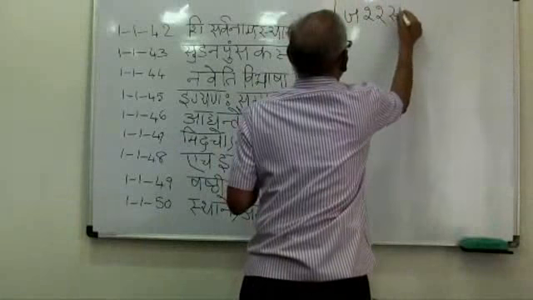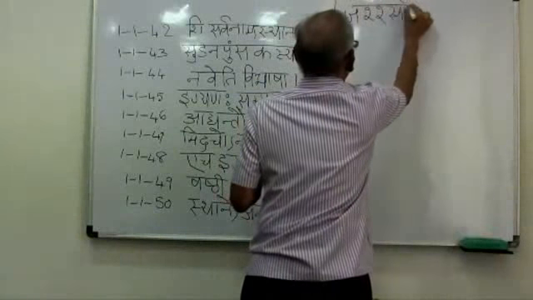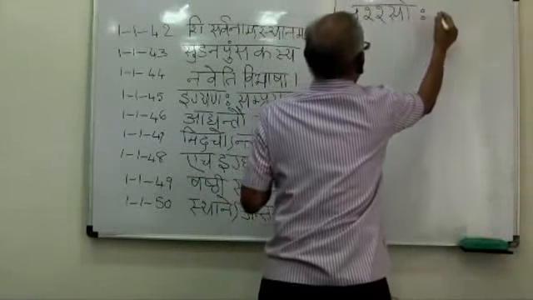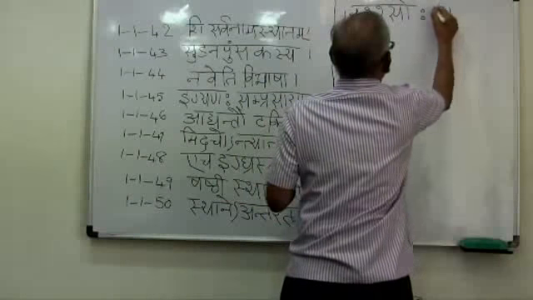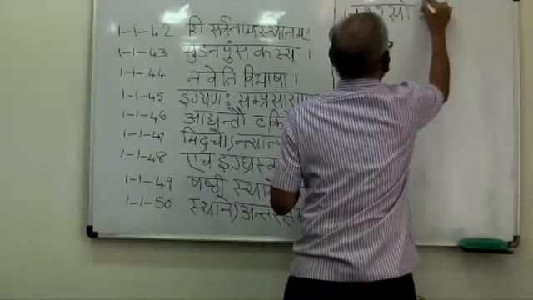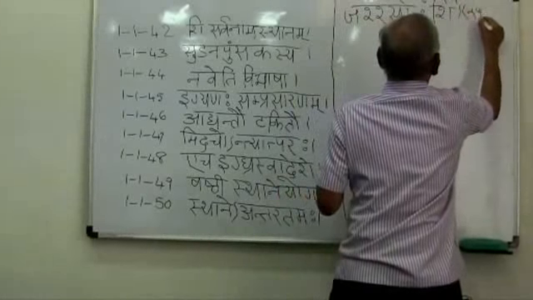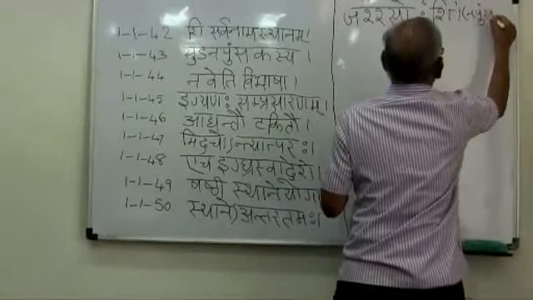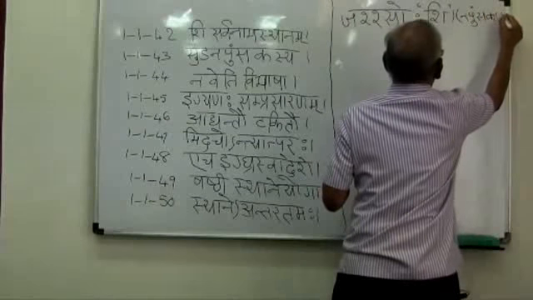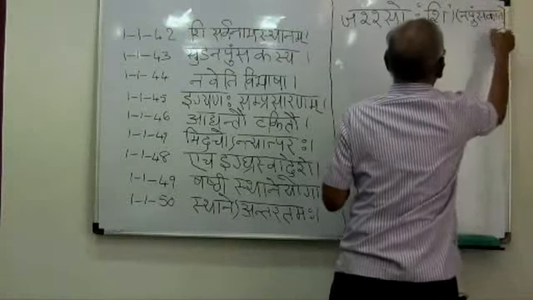Jasshasoho Shi is the sutra for imposing this Pratyaya Shi. Napumsakat is anuvritti.